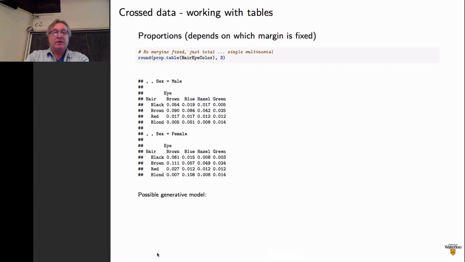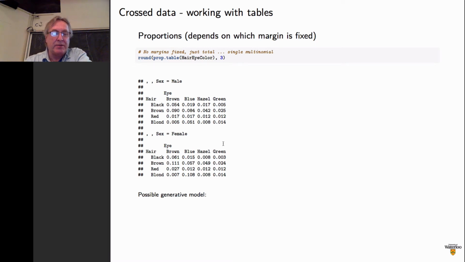Proportions, of course, depend on which margin is fixed. So if I take the proportion of the table, this is prop table, and I'm just looking at 3 significant digits, it's going to turn every value into a proportion.